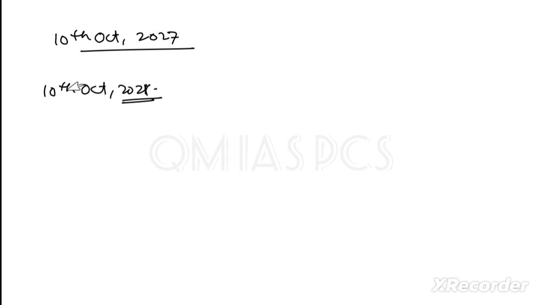Okay, and I have told you, if you have to calculate the same date or a few days extra, that's not an issue. If you have to calculate the same date, you have to just work on the year. It is 2021, so how many extra days are there between these?